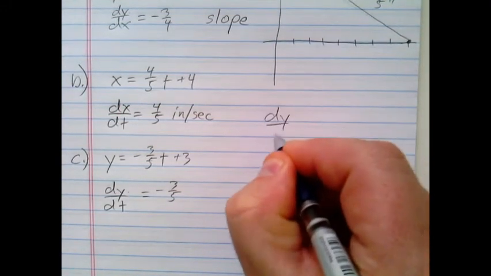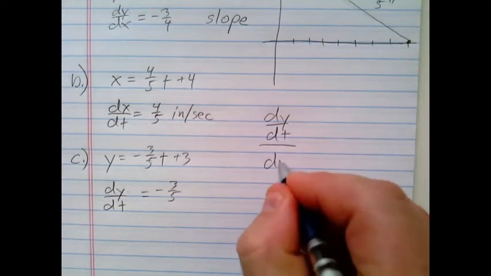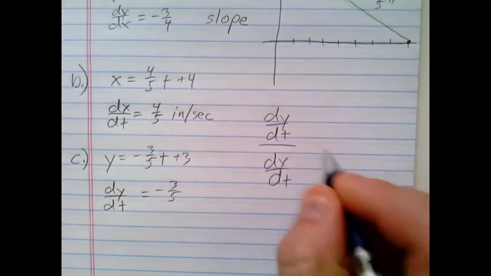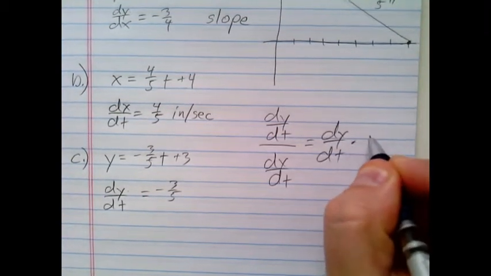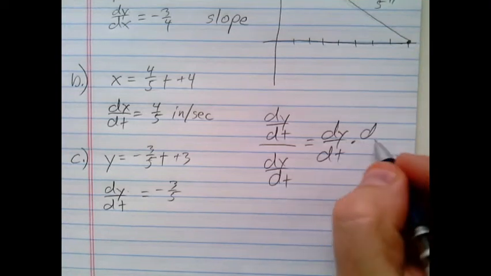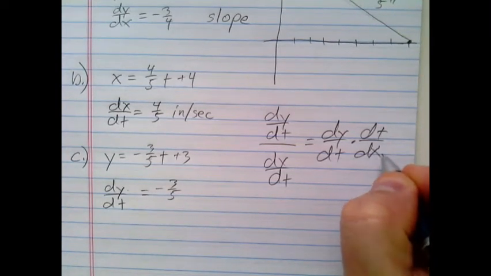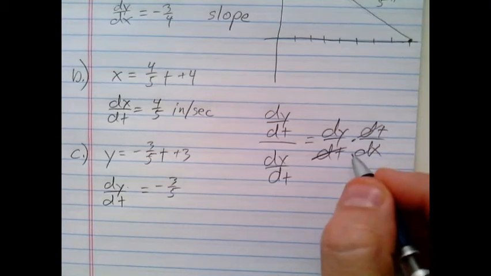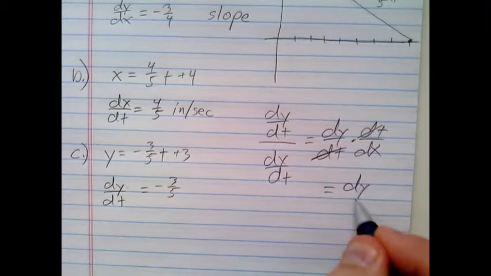I mean, if I take dy/dt and I divide it by dx/dt, then that would be the same thing as dy/dt times, I've got to flip this bottom fraction, so that would be dt/dx. But it seems like that ought to cancel the dt's and give me dy/dx.